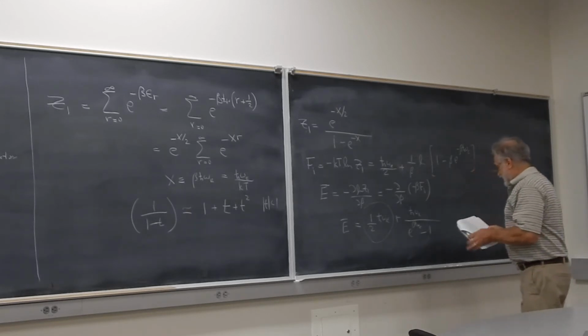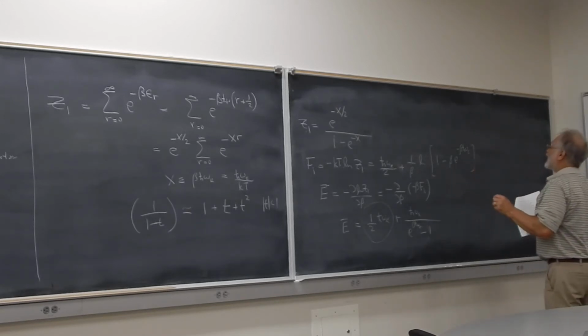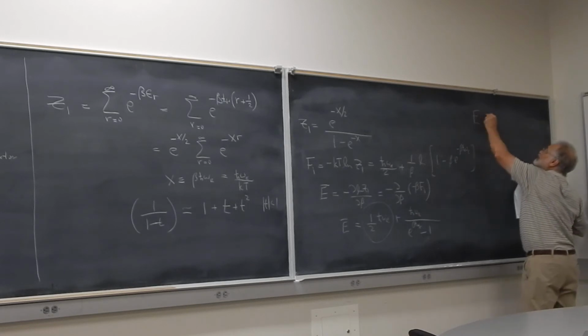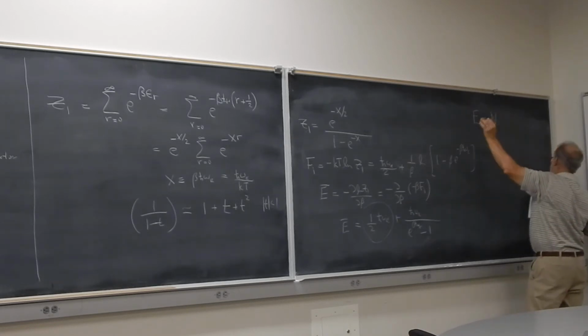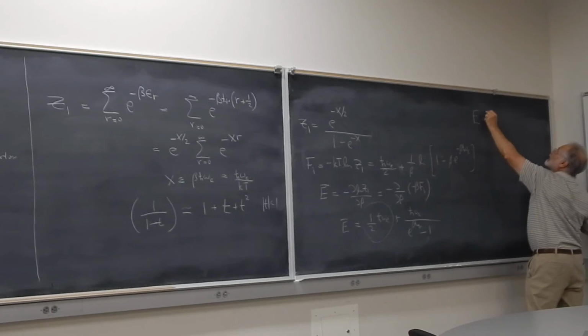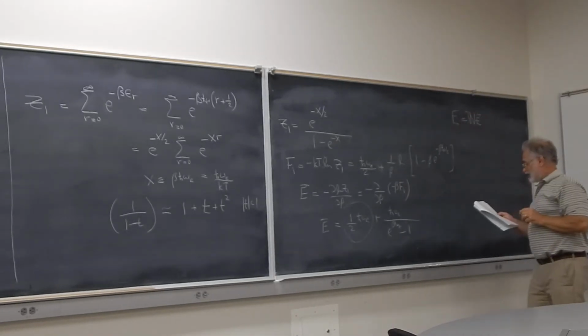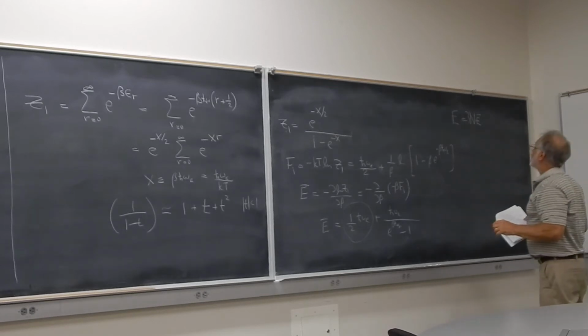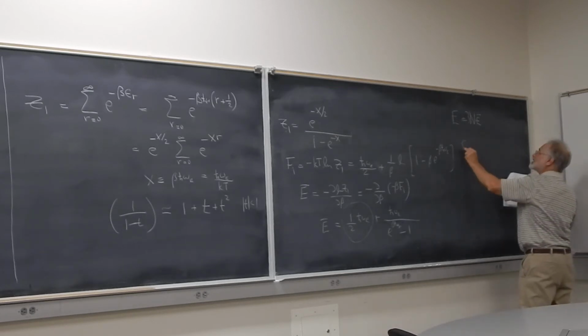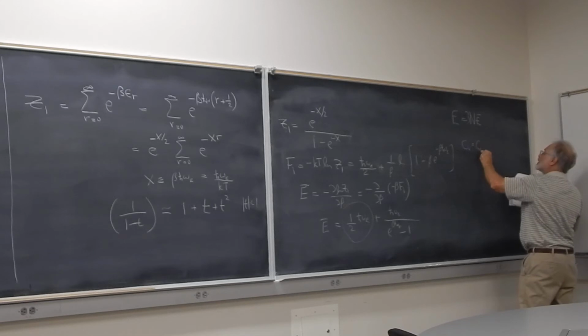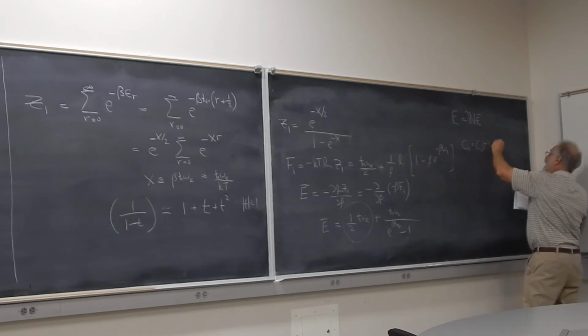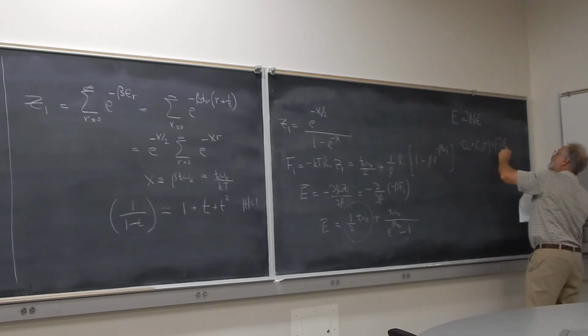Since energy is an extensive quantity, we expect that I can write the total energy of this system as N, however many oscillators I have, 3N that is, times the mean energy for one oscillator. I can write then my heat capacity as a function of T as the derivative of the energy with respect to T at constant volume.